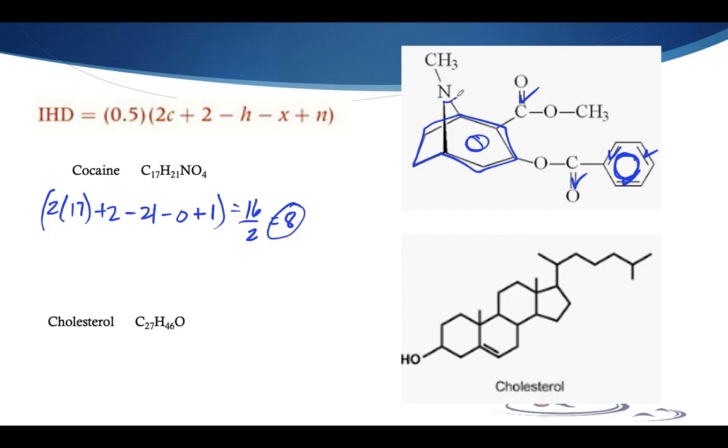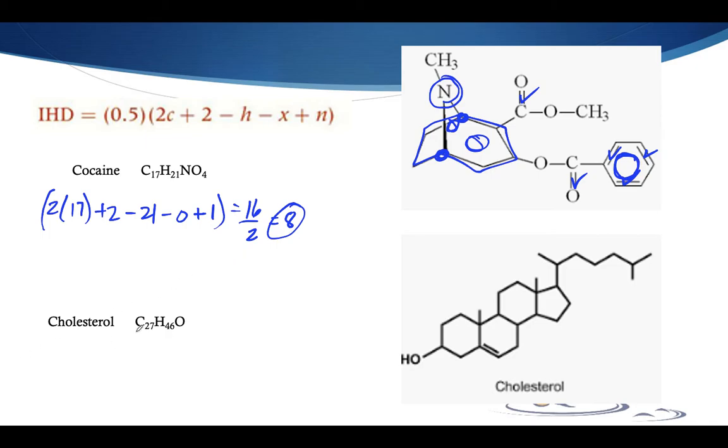It has the nitrogen, and this nitrogen is bonded together with this carbon, and it's bonded together with that carbon. So all together, this makes a ring here. Either way you want to look at it, it's like this ring is split in half or something. So 1, 2, and 3 rings and 5 pi bonds, that's a total of 8.